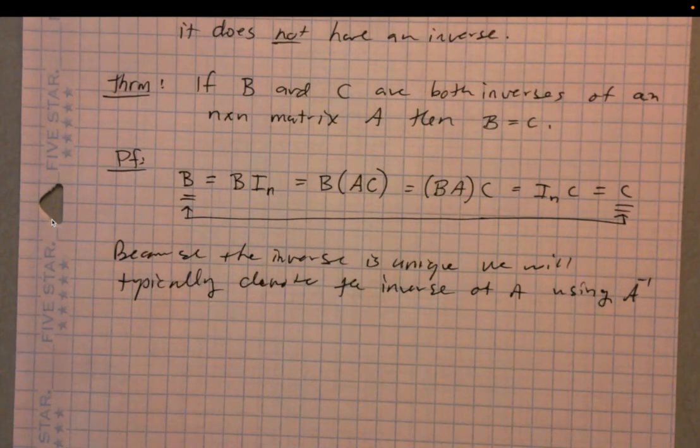Much more convenient notation. That's what we started off with, but we first needed to know that the inverse was unique before we could safely use this notation. Right, so here we go, now we're good.